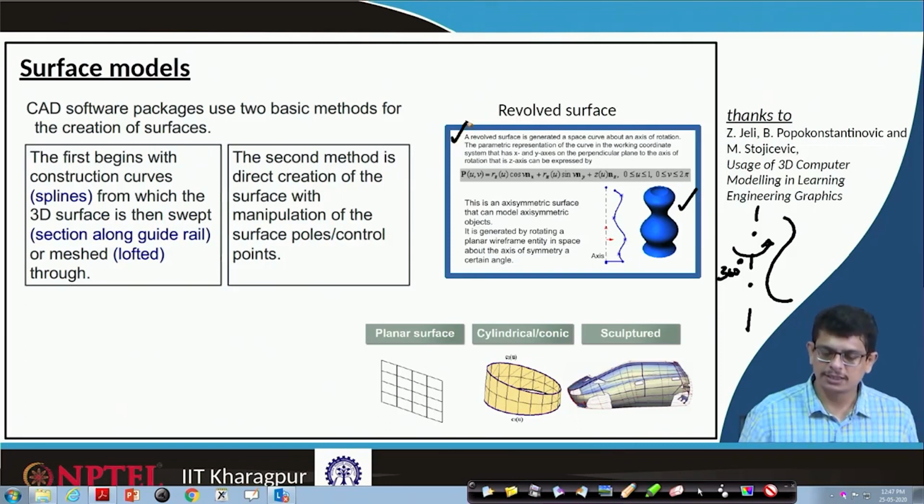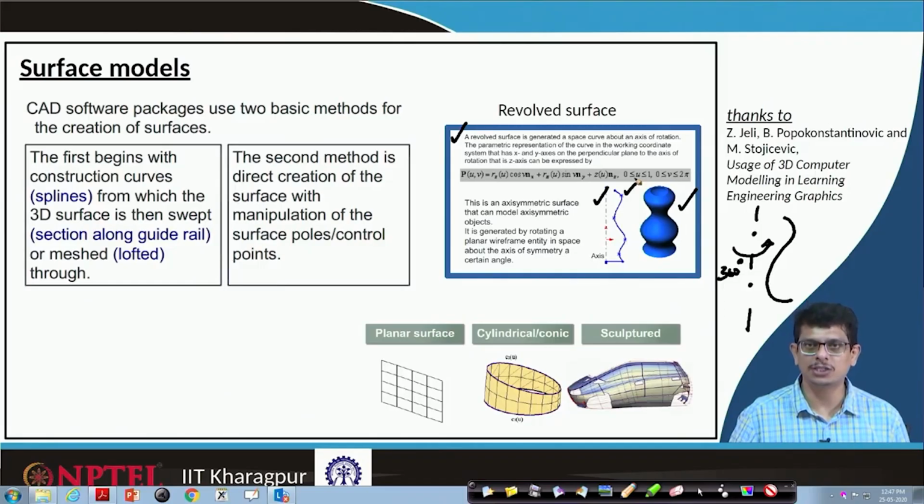So, a revolved surface is generated by revolving a space curve about an axis of rotation. So, this is the axis, that is the curve. When we are going to learn about this software package, some of the things like defining an axis, defining a curve are important to construct such kinds of revolved surfaces.